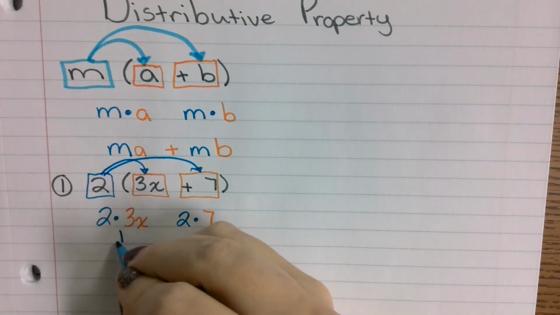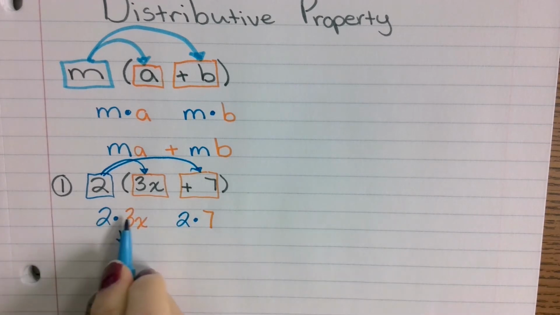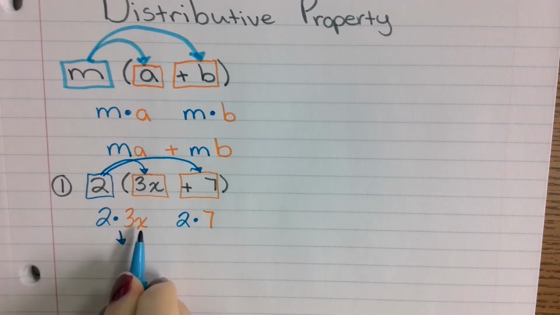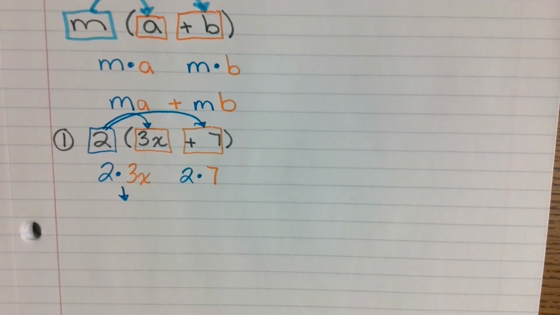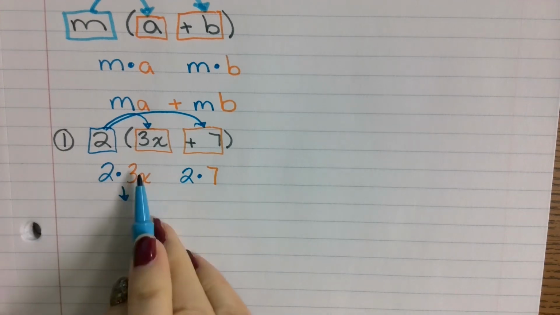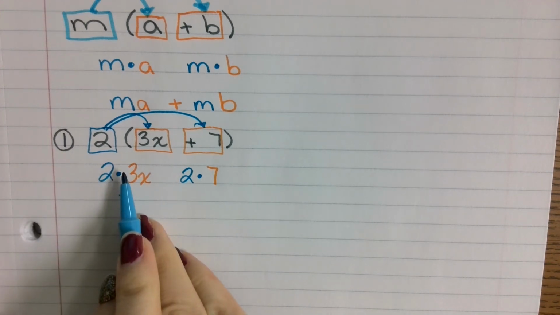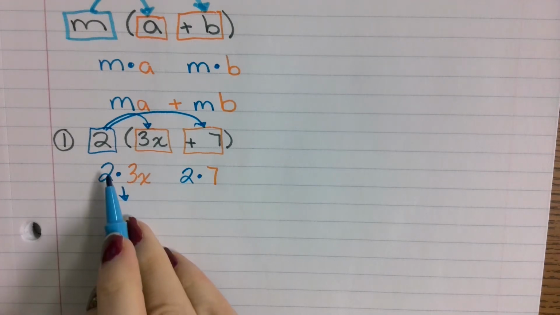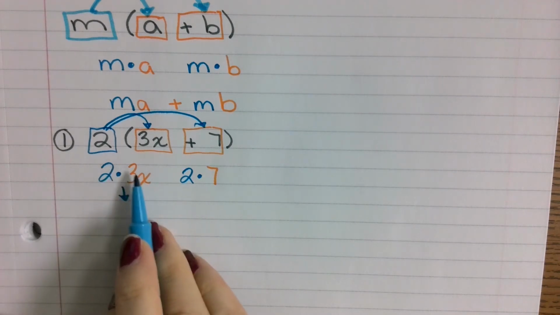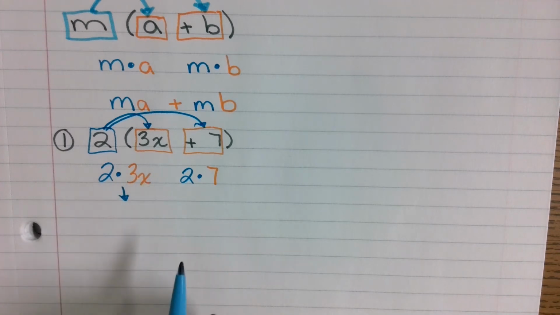Two times 3x, 6x. Very good. All you're going to do is multiply the numbers and you keep the variable. Just like when you're adding x values, you add the numbers, you keep the variable. Here, we're multiplying the numbers and keeping the variable. But that only works because one of them is just a number, the other one is a coefficient and a variable.